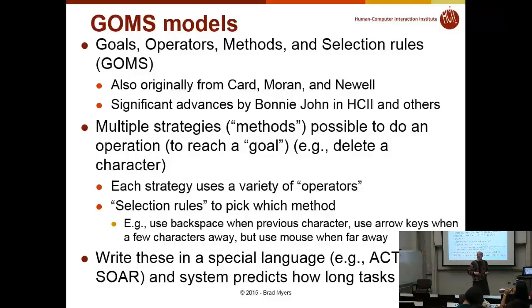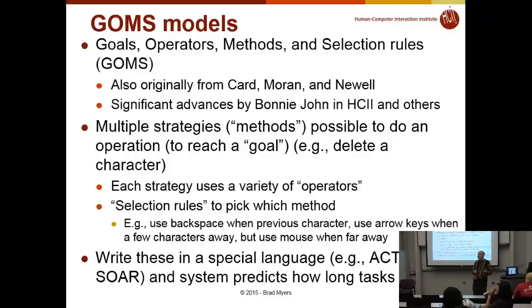And so you're going to take all of these different properties into account and make a decision about which strategy to use. So that's the selection rules, and you're picking which method to use, right? So there are multiple methods for moving the cursor. There are selection rules that say if it's too far away, or if I'm used to using this, or if my arms are tired, I won't touch on the screen.